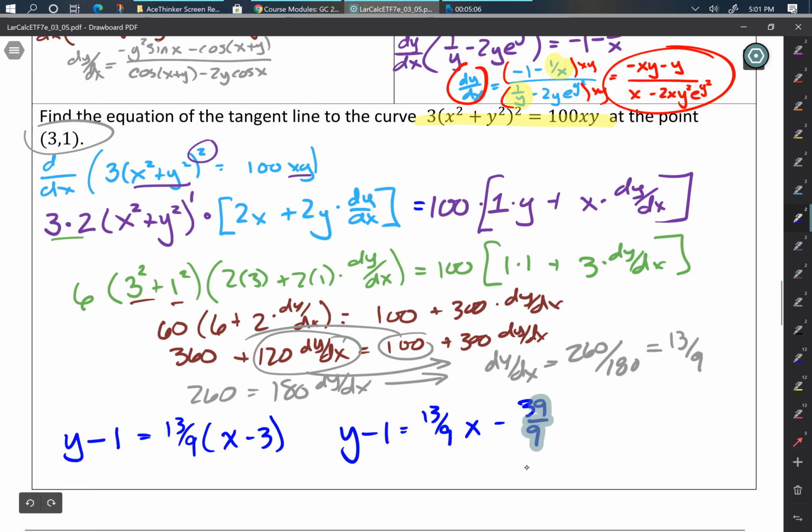Or maybe we should simplify that and say 13 ninths times 3 is what, 13 thirds? And then move this 1 to the right-hand side, and that would give us what?